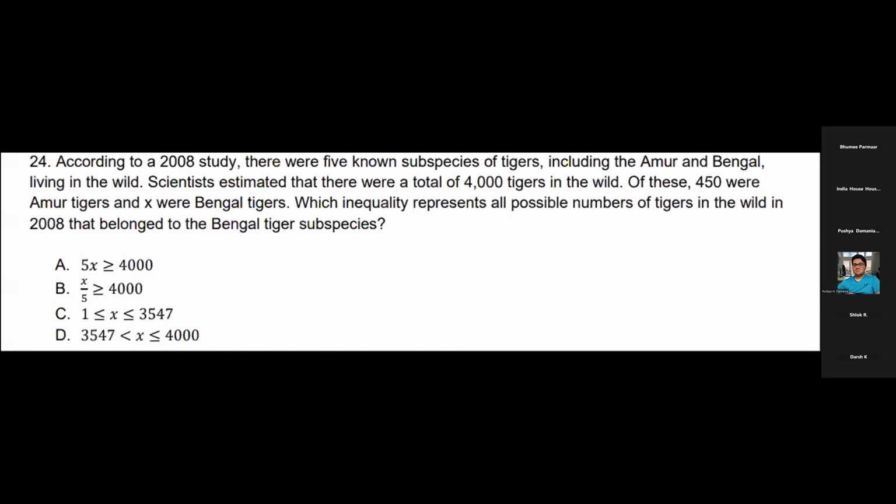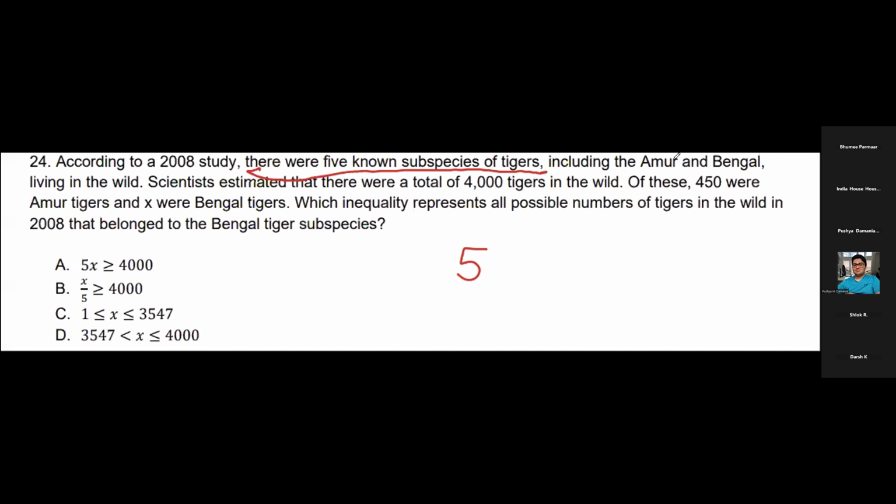Okay, so for question 24, we know that there are five known subspecies of tigers. So that means at minimum, each subspecies has to have at least one tiger. Otherwise, it wouldn't be a known subspecies, it would be extinct. So we know that at minimum, there's one of each tiger.